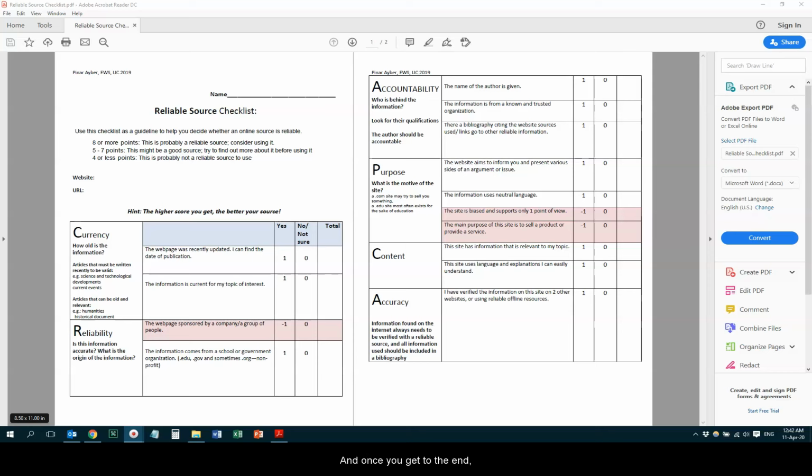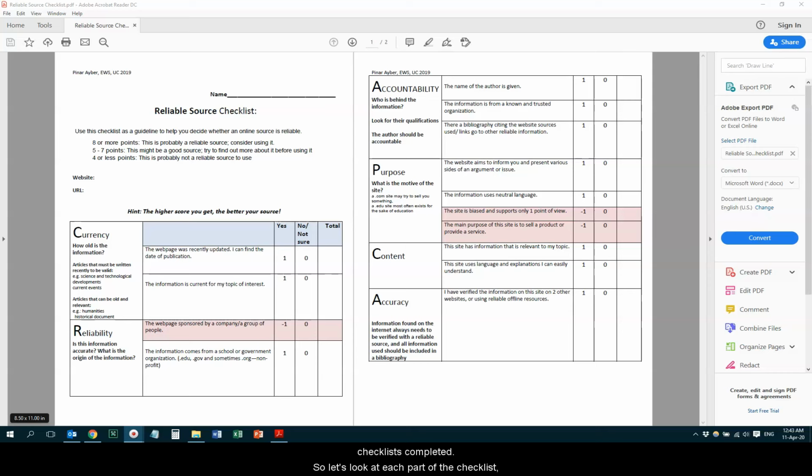Once you get to the end, you'll add up the points and use the checklist score at the top of the first page to determine whether or not your source is a good option for your paper. For each source that you have, you should complete one of these checklists. You're supposed to have between 2 to 4 sources, so you'll have anywhere from 2 to 4 checklists completed.